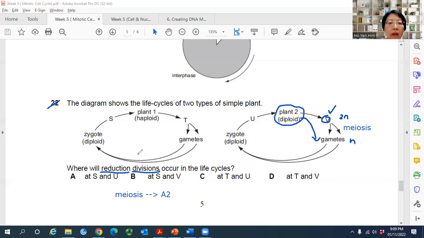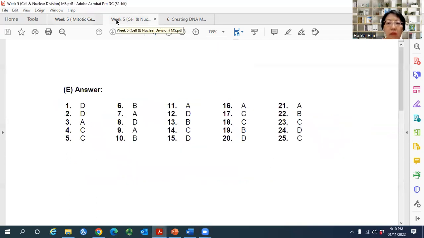And then from haploid becomes diploid, see, from haploid becomes diploid, right? So hang on, sorry, from diploid becomes haploid. So this is also reduction division. So answer is S and V. So answer is B. So 22 is B. Okay, let's see whether it's correct. Yeah, 22 is B.